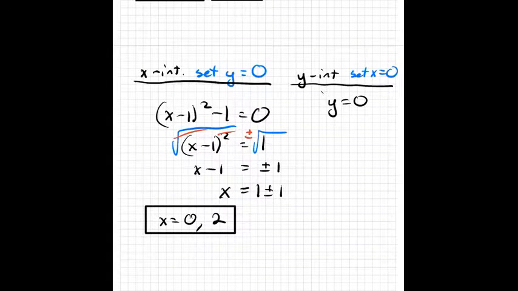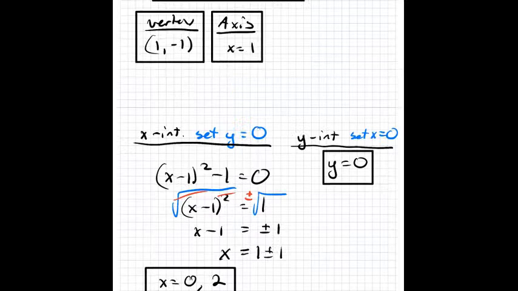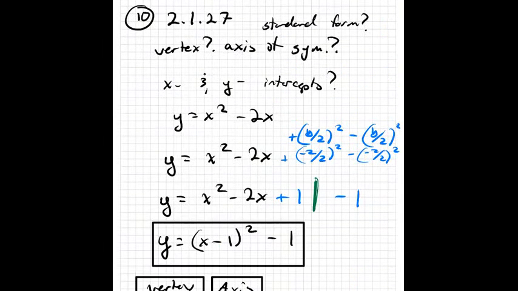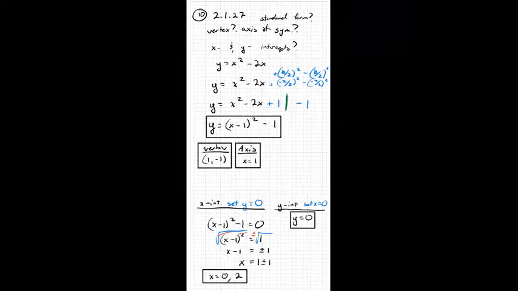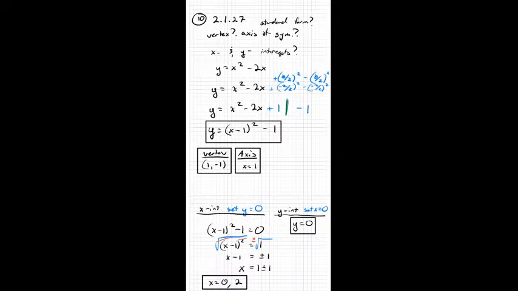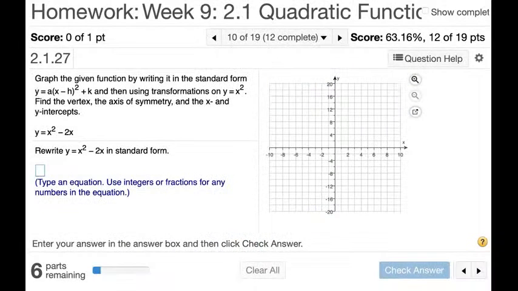So that means the origin is one of the x and y intercepts. And I think those are all the questions there. So I'm going to just display them all kind of like this. Okay, let's hop over to Pearson and check it there.